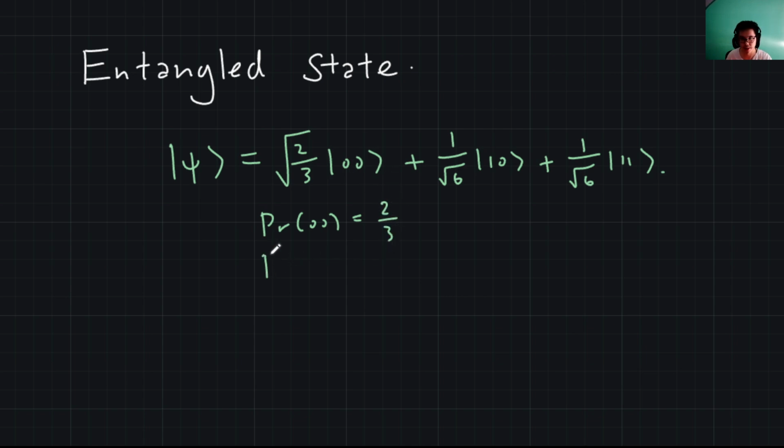The probability of realizing 10 is 1 over 6. The probability of realizing 11 is 1 over 6. But here is the thing. The probabilities are not independent.